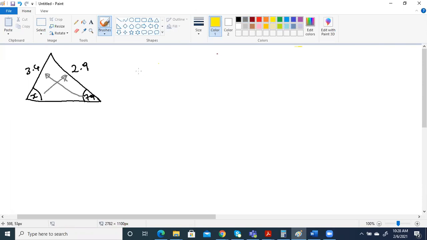I'm going to call this angle 79 A, which means the opposite side is small a. This angle x that we're trying to find is B, which means our opposite side is small b, and then we can go ahead and apply the sine rule.